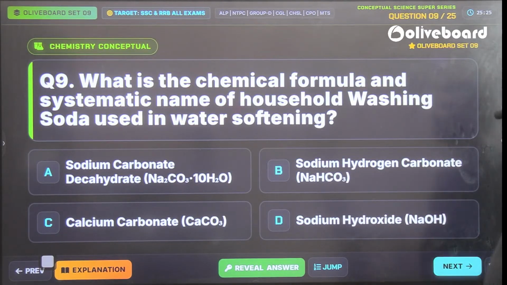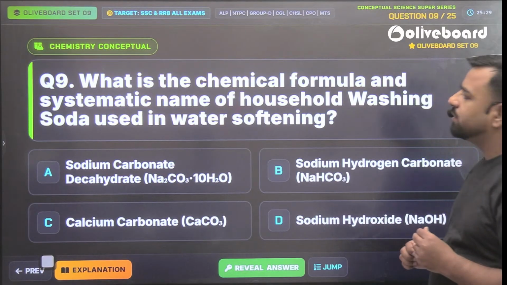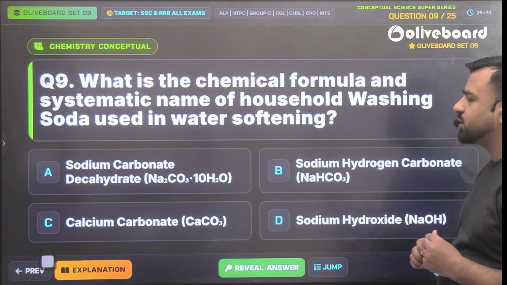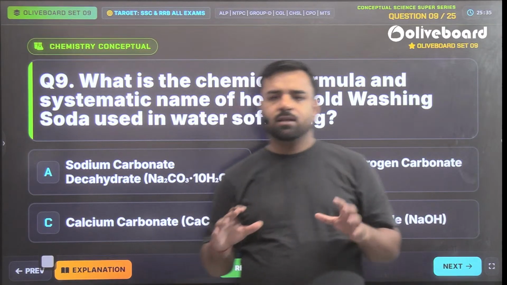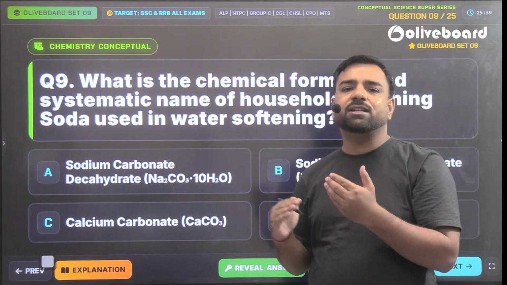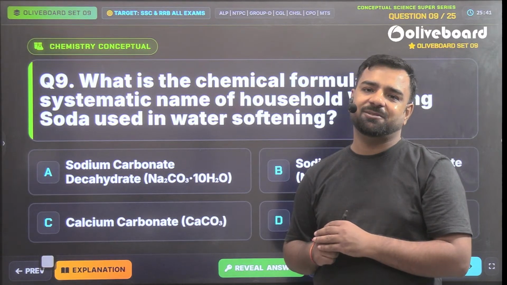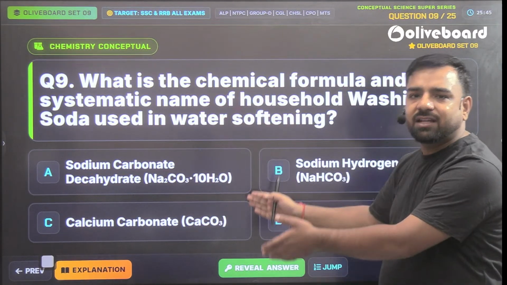Next. What is the chemical formula and systematic name of the household washing soda that's used in water softening? So guys, what is hard water? Hard water is also normal water, but it has the dissolved salts of calcium and magnesium. Since we're talking about calcium and magnesium ions, can we link it with these options?